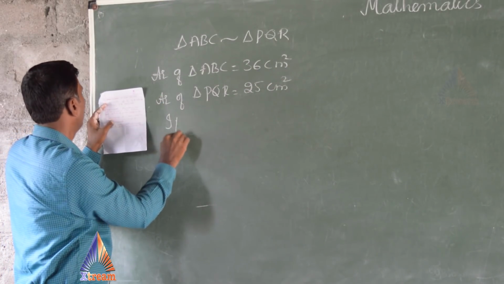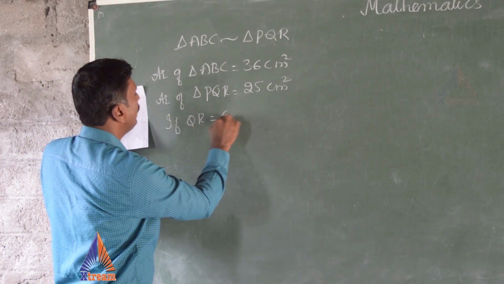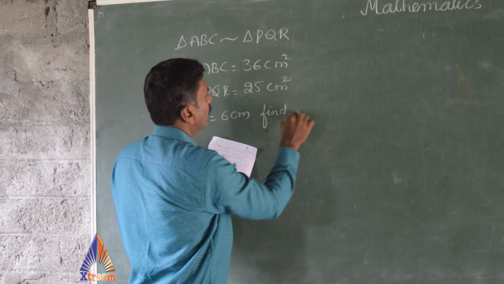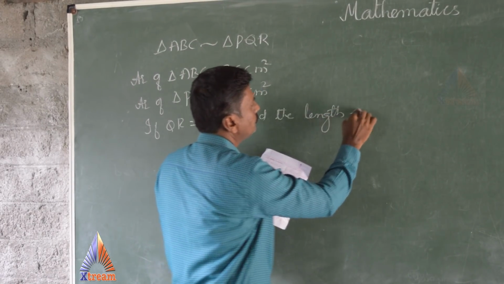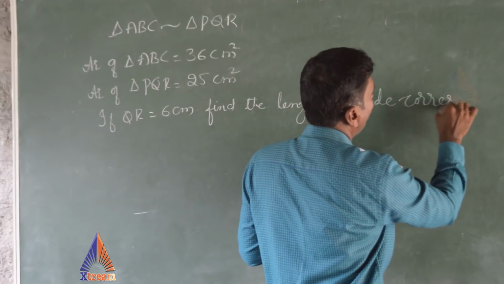If QR is equal to 6 centimeters, find the length of side corresponding to it.